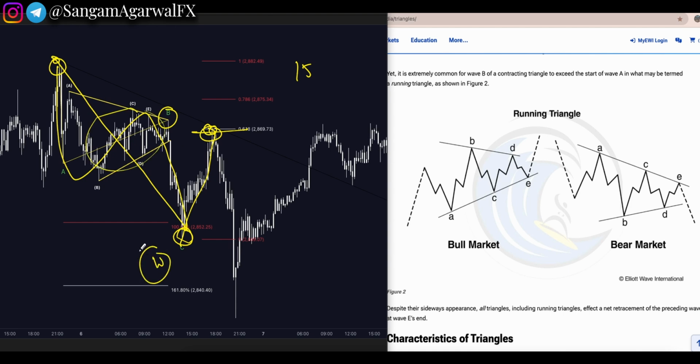We can again go to a higher degree WXY wave. Here the entire ABC converts into higher degree wave W. Then the next level correction starts. Previously it was a triangle, but this time it is a sharp zigzag. Then final wave Y comes.